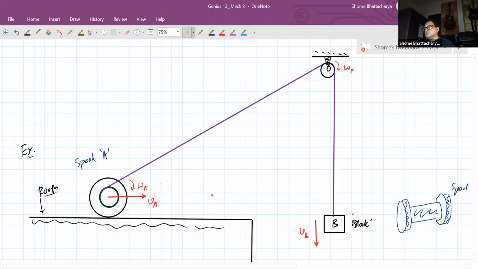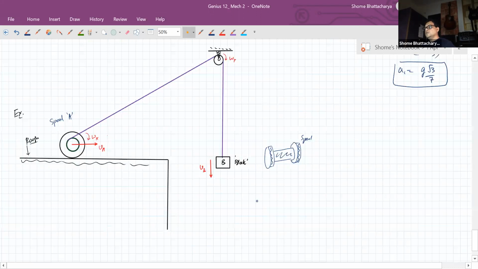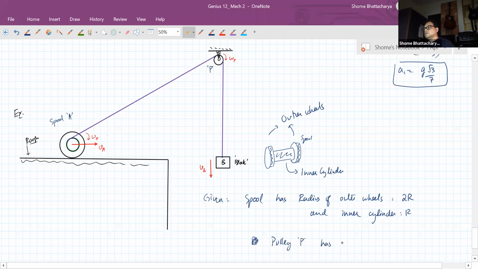Okay, so given this spool has the radius of outer R, inner cylinder R. So this is the inner cylinder, and these has radius equal to R again.